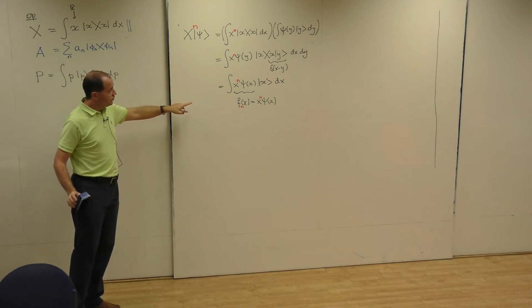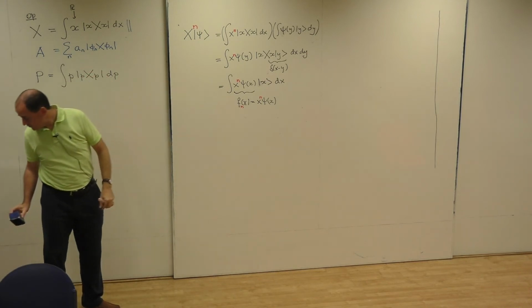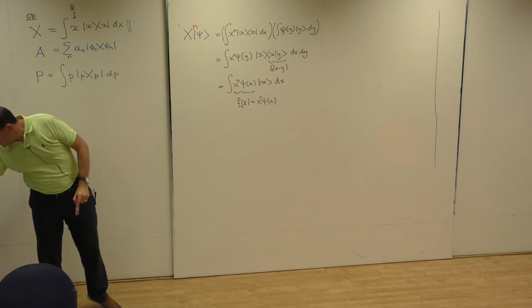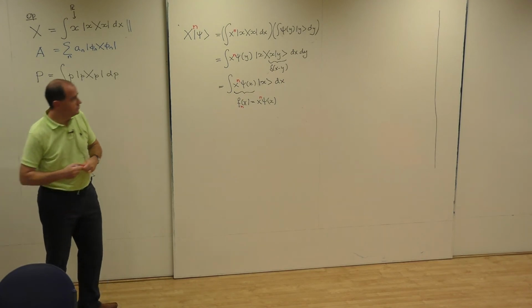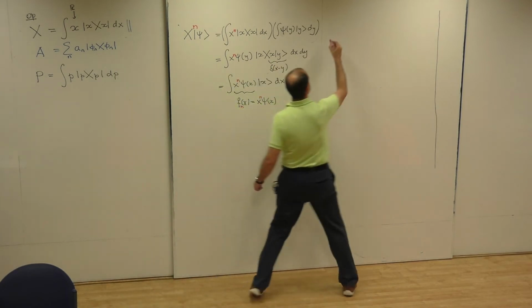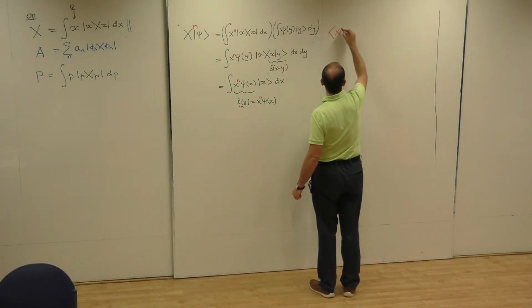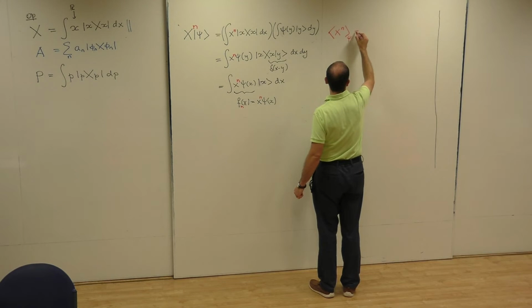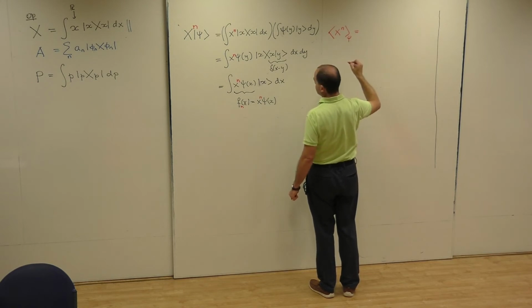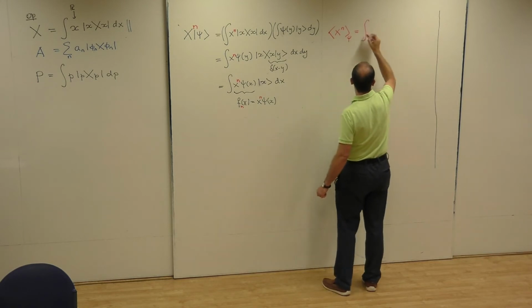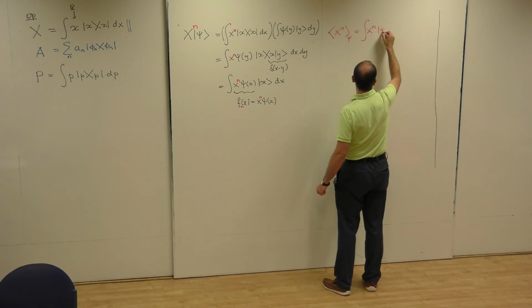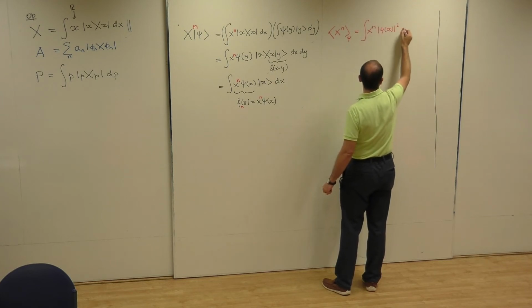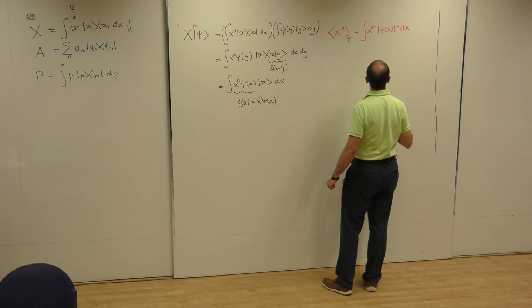We see that the average value of x to the power n on the state psi is simply equal to the integral of x to the power n times |psi of x| squared dx.